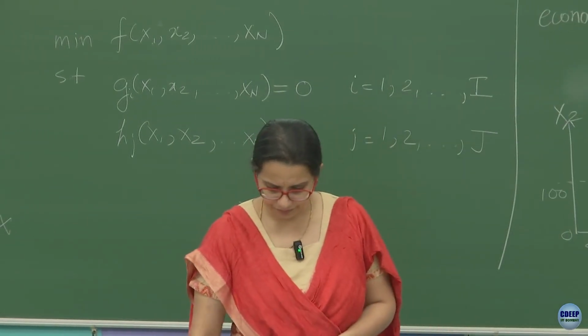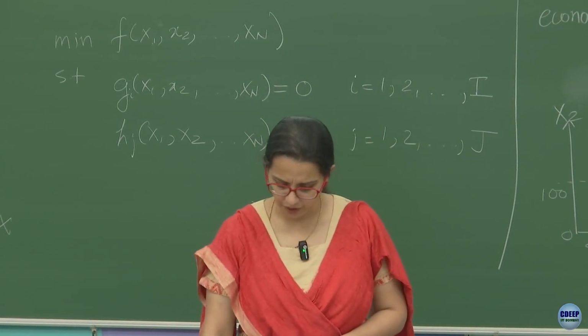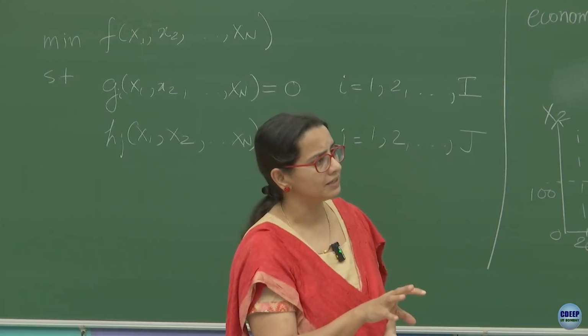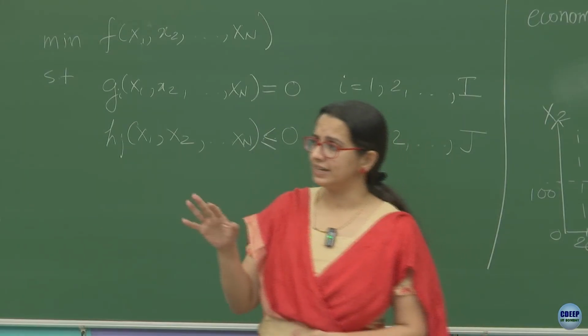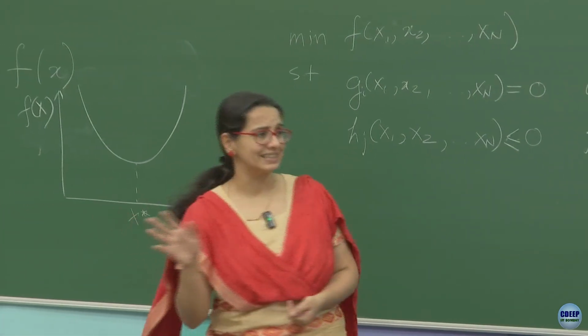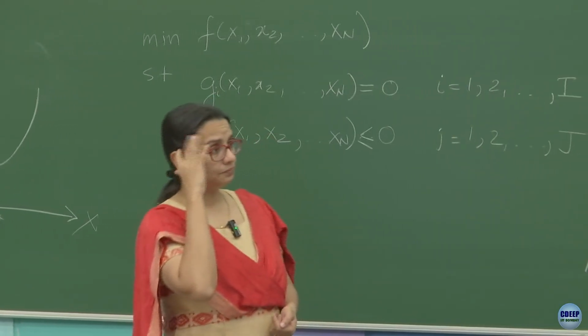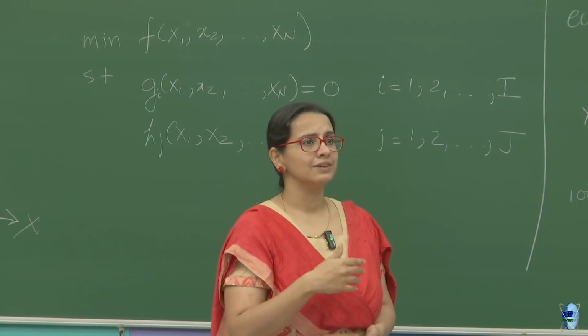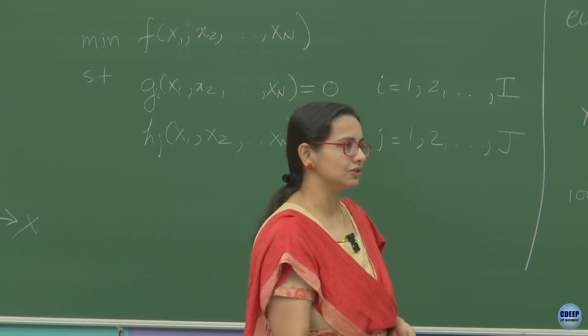Okay. So if we were to formalize it, I'm just first formalizing, I'll go back to the remarks. So the necessary condition: if you're not at a point where your derivative is 0, where your gradient is 0, you can safely say you're not at a minimum. It's a necessary condition, correct? So necessary condition means you can of course use it to say when you're not at the solution.